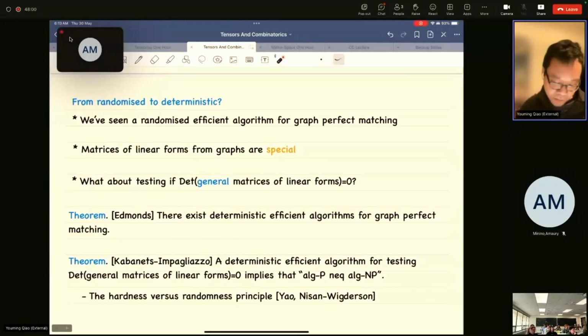This type of work also follows from another thing called the hardness versus randomness principle, which a lot of celebrated theoretical computer scientists have contributed to.